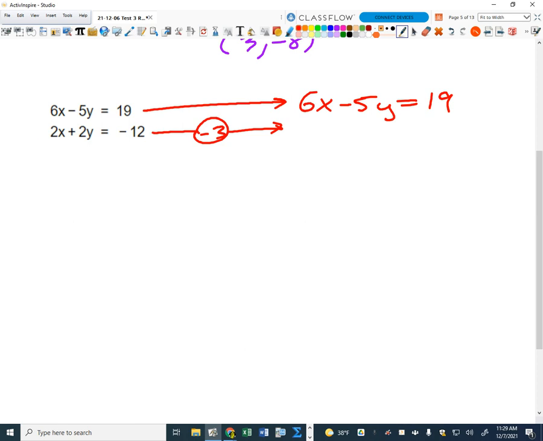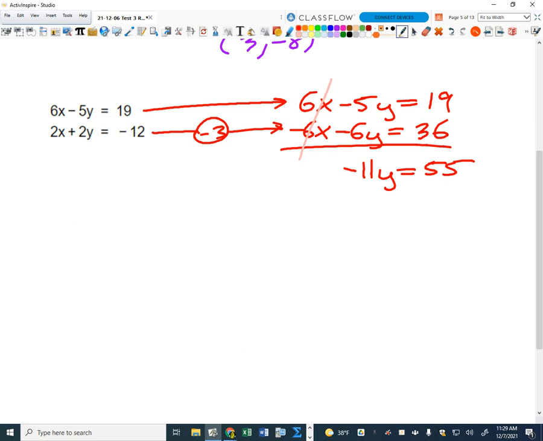Don't forget the right side. Sometimes people do. So I get a negative 6x minus 6y equals negative 3 times negative 12 is positive 36. X's cancel, as advertised. That's good. And we end up with a negative 11y equals 55.